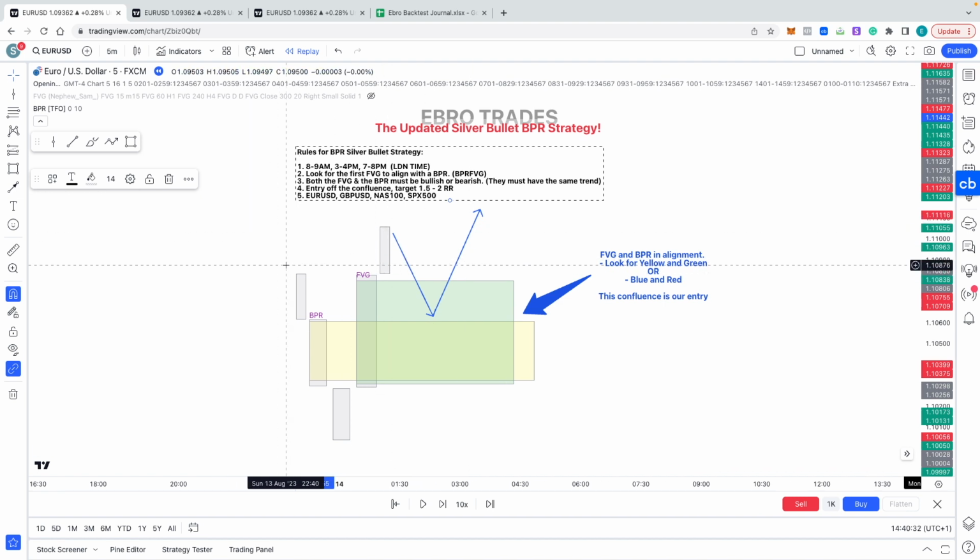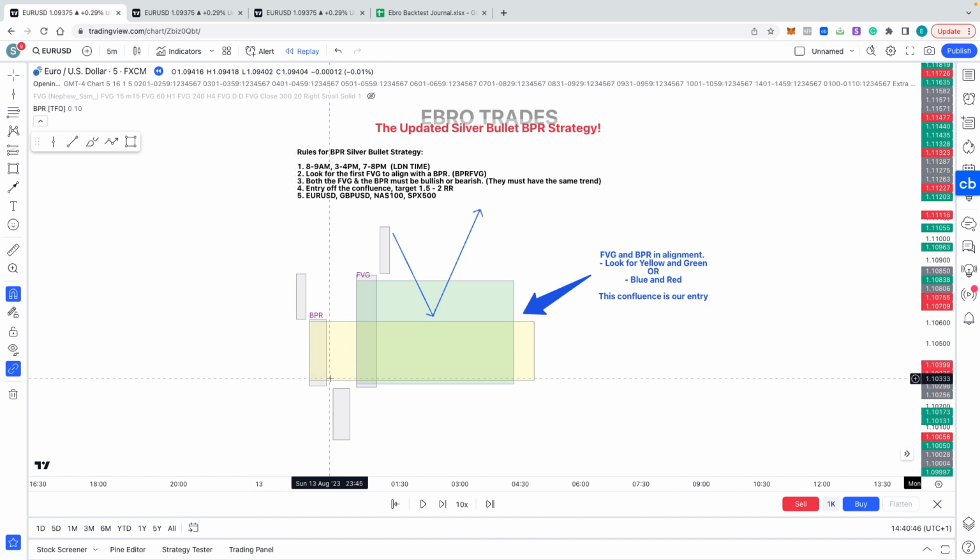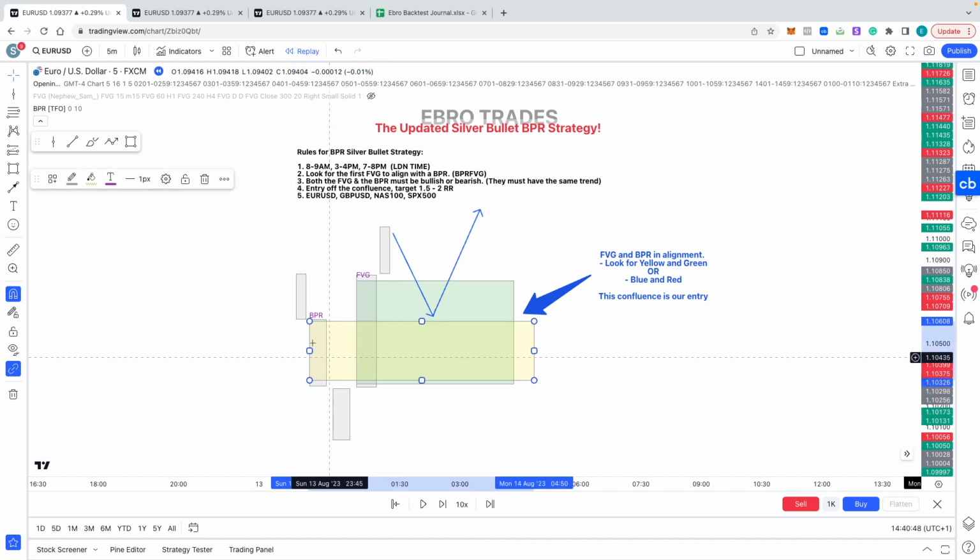So, how does this strategy work? You'll often see that we have a series of candles going down, as you can see here. So a bearish series of candles, and then a bullish series of candles. Now, what we often obtain is this thing here called a balanced price range.